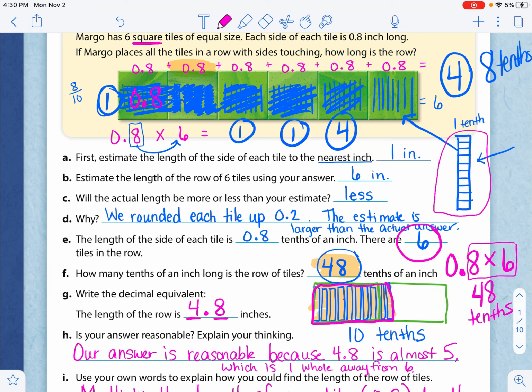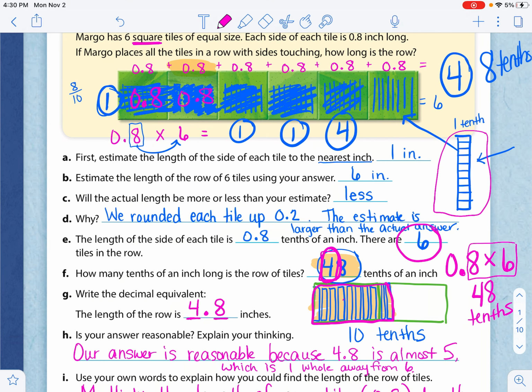But when you add up 8 plus 8, that's 16. Well, remember, when you got to 10, you could make a whole, and then that leaves you with 6 more tenths.